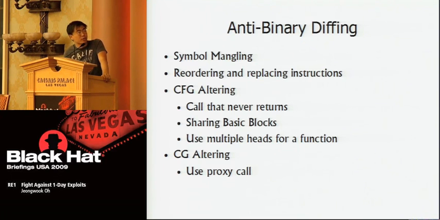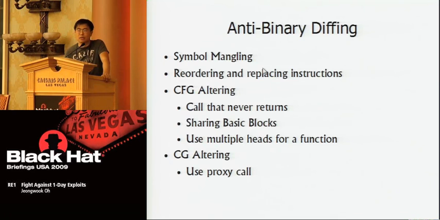And maybe you can reorder or replace instructions, like from XOR EAX to a MOV EAX, 0 or something. You can replace some instructions and or reorder them, just like iPhone binaries. Or you can do CFG altering, a control flow graph altering.